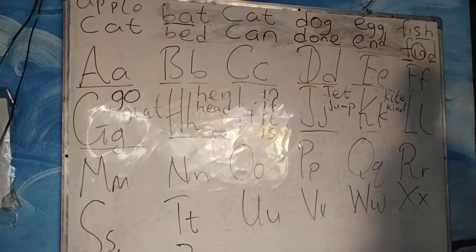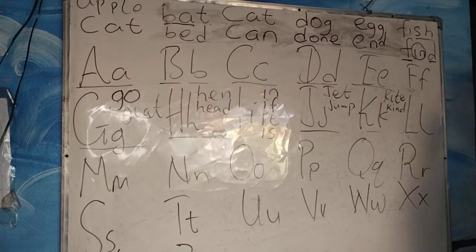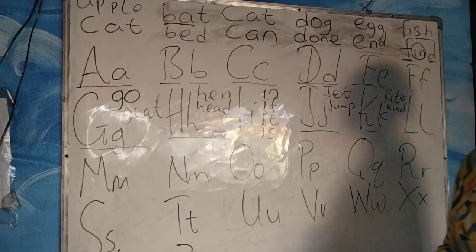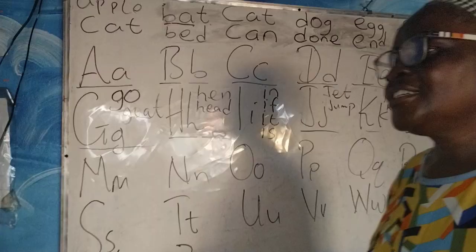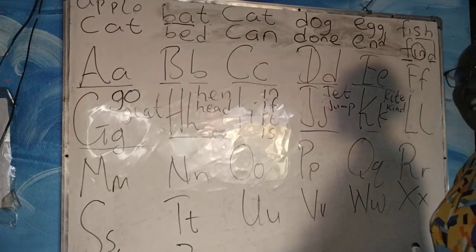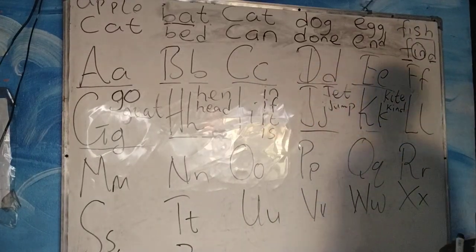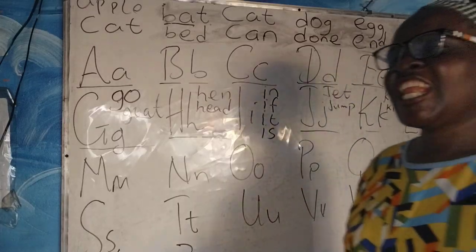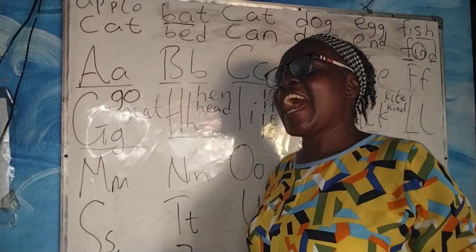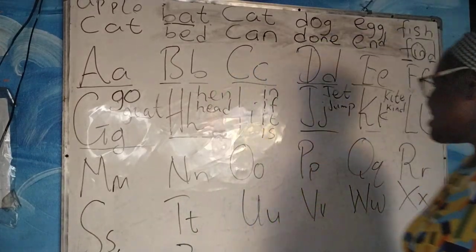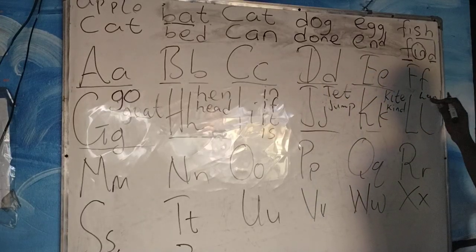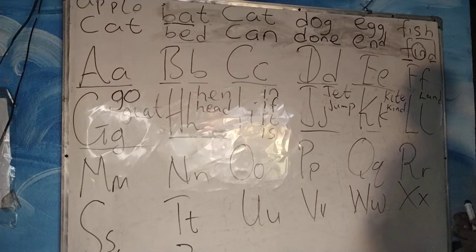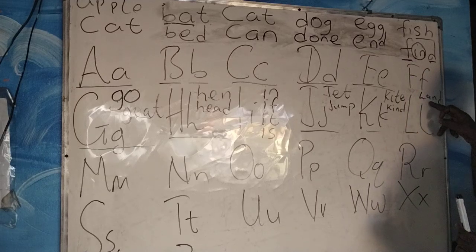Now the next letter is letter L. What's the sound of letter L? L. So anywhere you see letter L, you should say what? L, L, L, as in land.